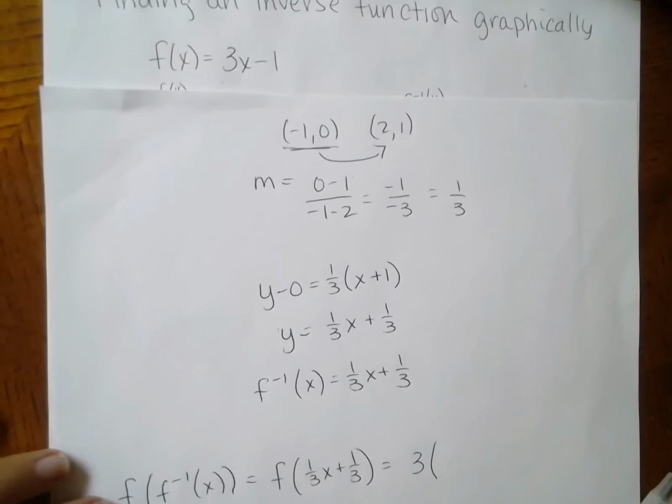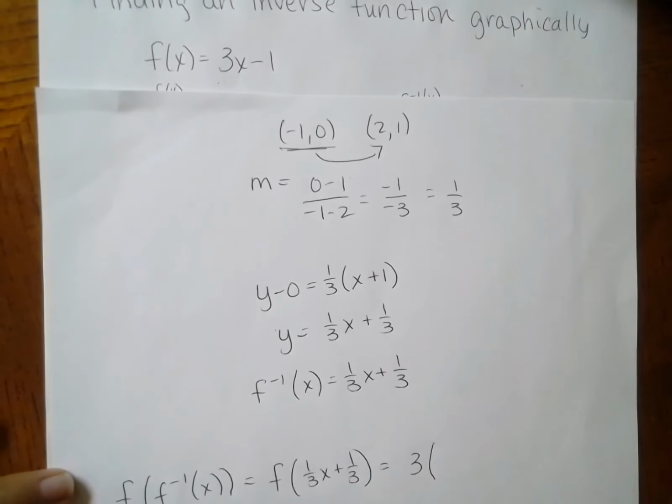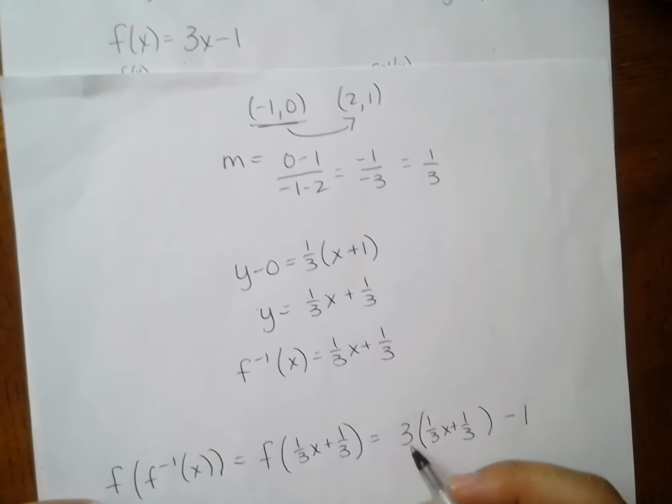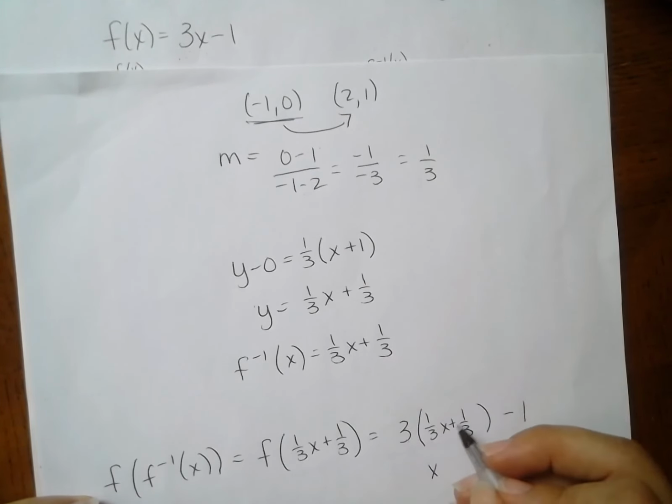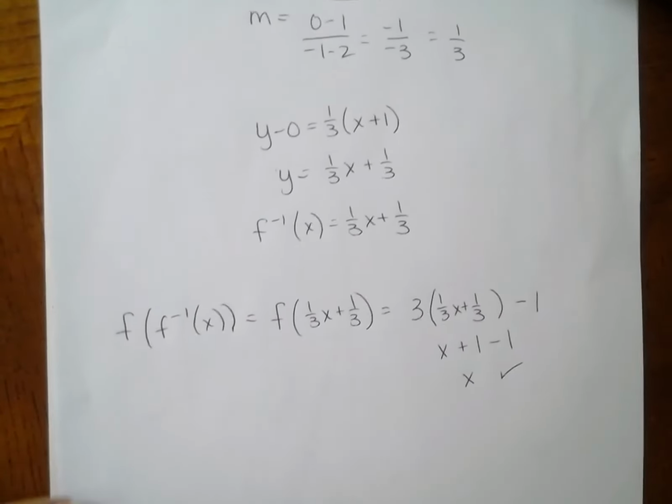So this will be 3 times (1/3 x plus 1/3) minus 1. To simplify, I get 3 times 1/3 x, which gives me an x, and then 3 times 1/3 gives me plus 1, minus 1, and I do end up getting x. So this is a good start for me.